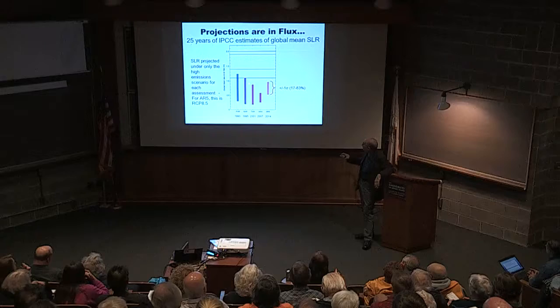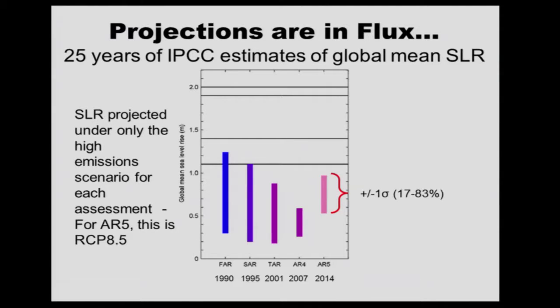These are 5 different reports from the Intergovernmental Panel on Climate Change since 1990. Here was the last one in 2014. I was an author of one form or another on all of those reports. And you'll notice that in the beginning, this is the range of projected sea level rise. Again, focus on the bars, not the numbers. Very wide range originally. Then the range shrunk, and the range shrunk.